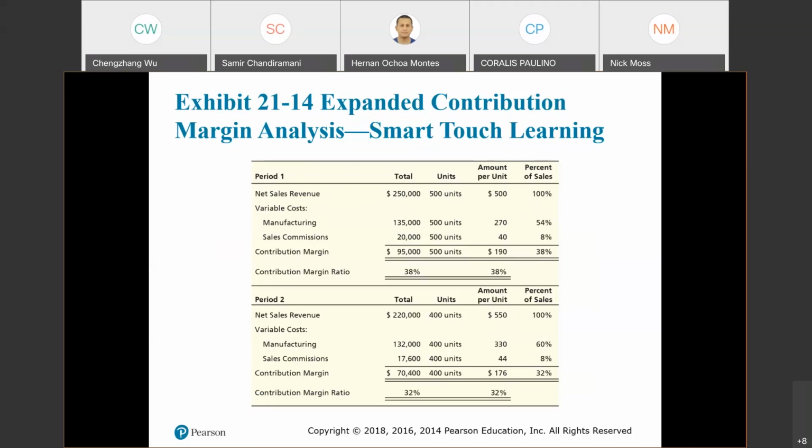We can now see the change in contribution margin was a result of changes in both components. The first component was the decrease in the units sold. That was obvious. But another component that results in this change is actually the amount per unit.